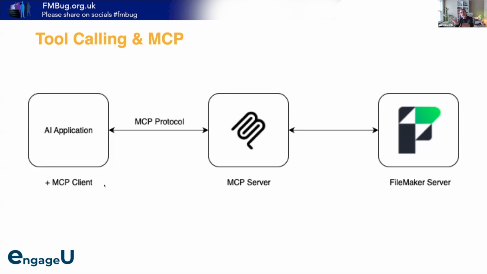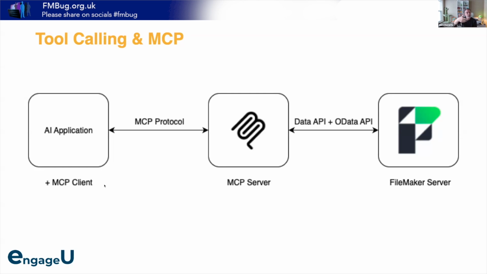Now, from the MCP server, there's the FileMaker server, because the Claris MCP server goes to your FileMaker server. That one speaks the standard Data API and OData API. Nothing magical happening there. This is just reusing the APIs that we already have. So again, in the interest of demystifying these things, that's really what it is. Nothing fancy.